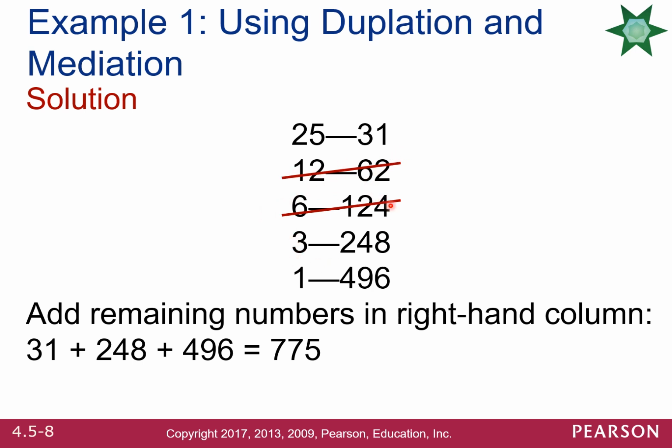We are left with 25, 3, 1 on the left-hand side, and 31, 248 and 496. But we add the remaining numbers in the right-hand column. You don't have to do anything with the remaining values on the left-hand side. You only add the values on the right-hand side, and that will give you the final answer of the multiplication.